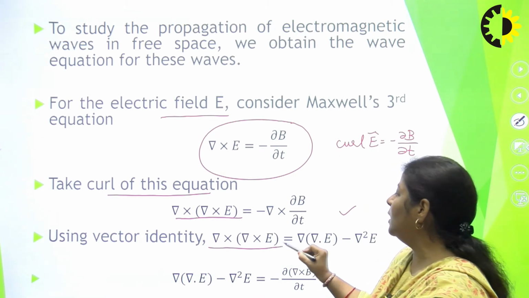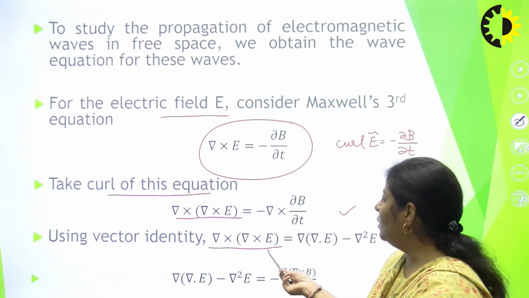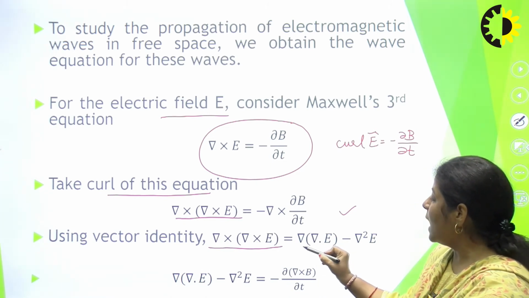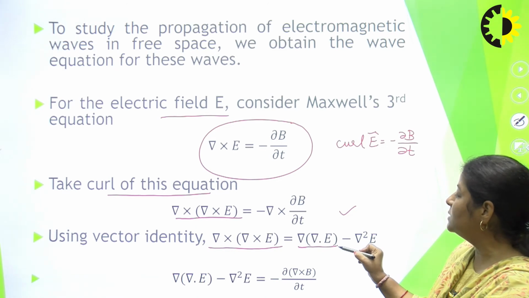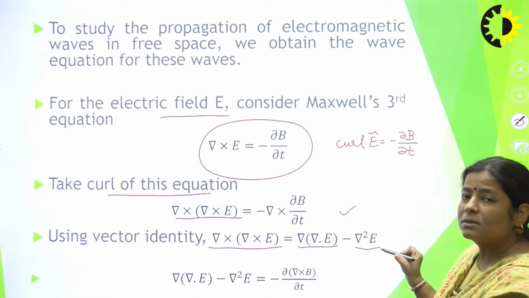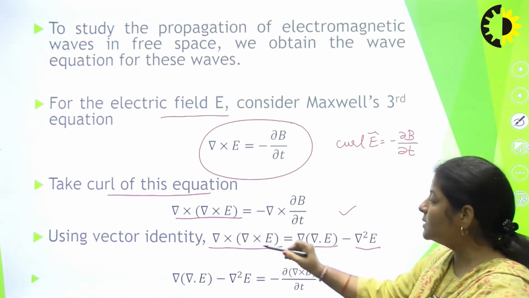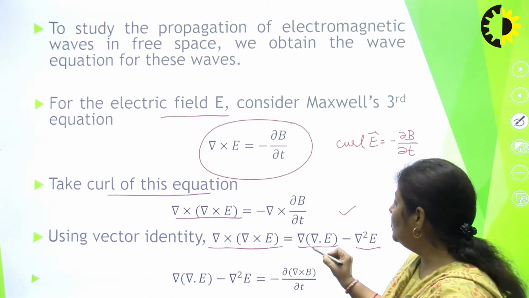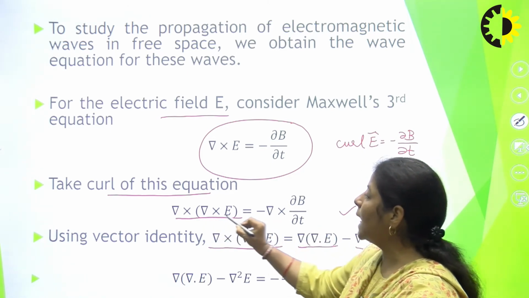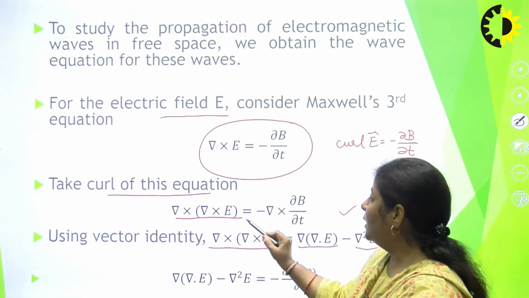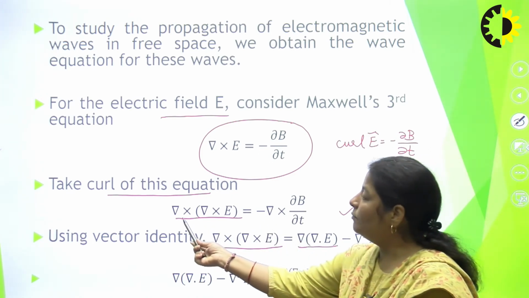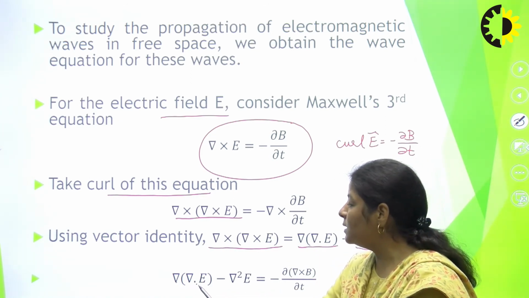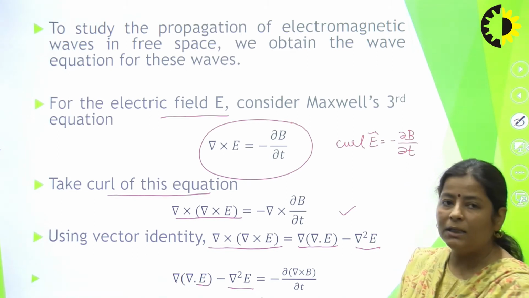The curl of curl of E is solved as gradient divergence E minus del squared E. So this is the vector identity used here. When we do this, in place of curl curl E we have gradient divergence E minus del squared E.